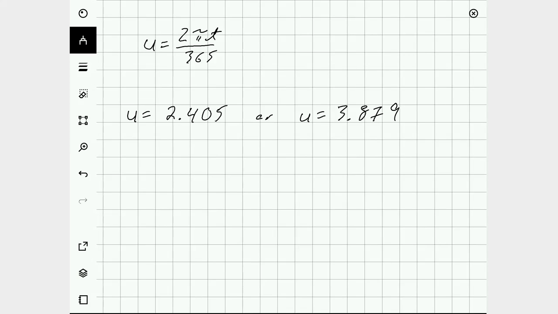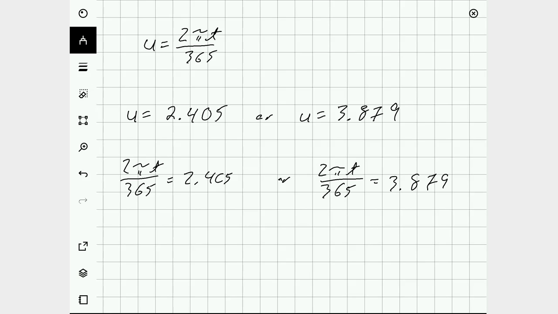So by substitution, that means that 2 pi t over 365 is 2.405, or 2 pi t over 365 is 3.879. Now, solving for t, multiply both sides of the equation by 365, divide both sides of the equation by 2 pi, and again, as always, be careful punching things into your calculator. You probably need that 2 pi in parentheses.